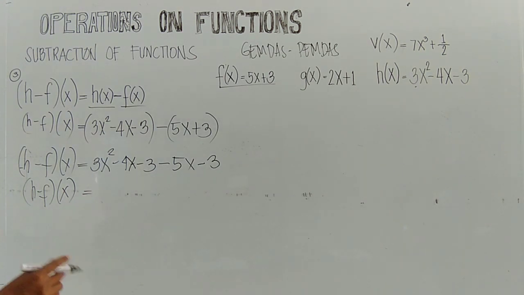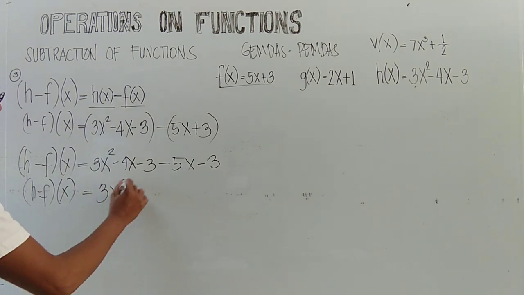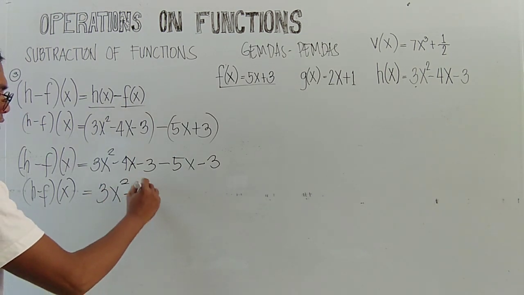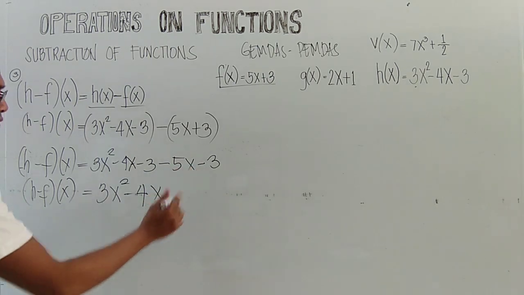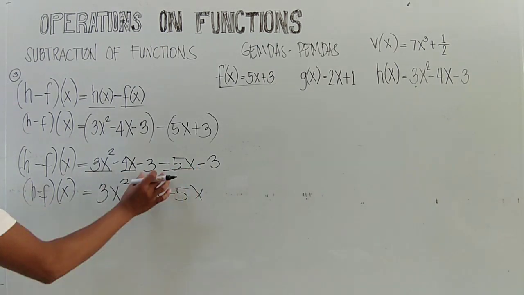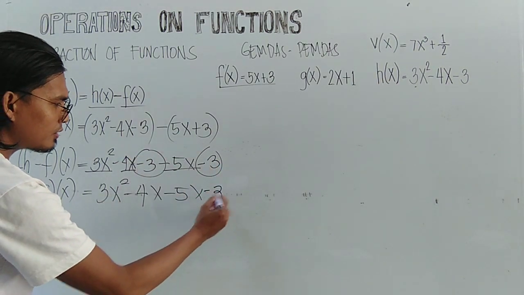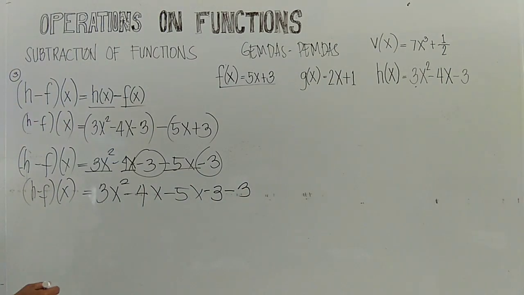Kasi ligta, descending order na ang pinakadakong exponent para mas makita natin. So we have 3x squared, then our linear term which is negative 4x, then your negative 5x. Then ang nabilin is the constants. Constants are negative 3, negative 3. Okay?